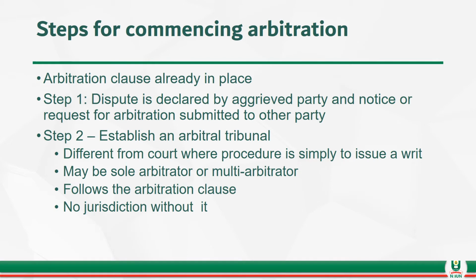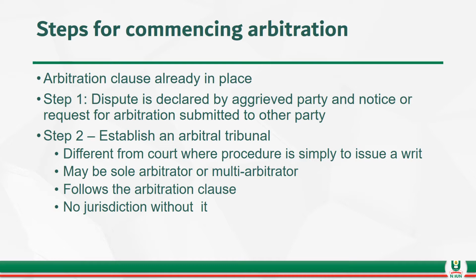Commencing arbitration. What this supposes is that you already have an arbitration clause in place. In other words, you have agreed that if there's any dispute between parties, it is resolved by arbitration. So where there's an issue, the aggrieved party will first declare a dispute, and usually this is done in writing.